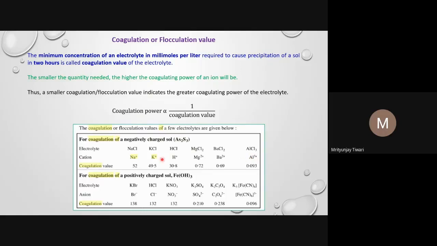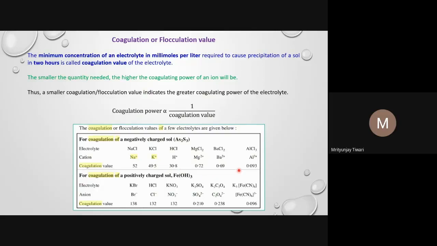The cations cause the coagulation of this sol, and the valency of aluminium is 3+. There are two other cations with two positive charge, barium in BaCl2 and magnesium in MgCl2, and others as well: NaCl, KCl, HCl, which contain Na+, K+ and H+ respectively.